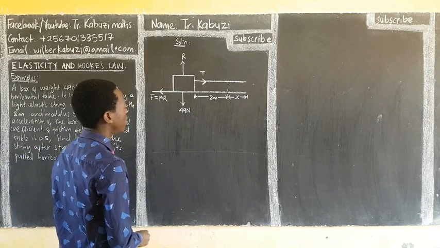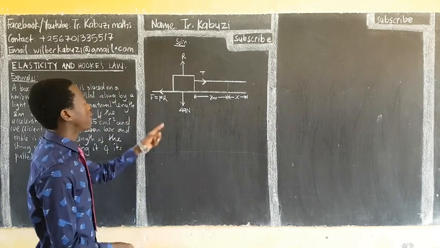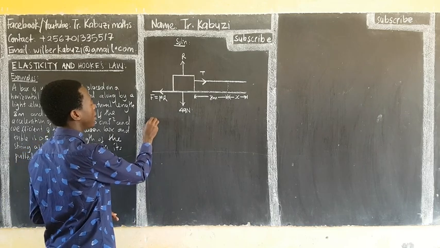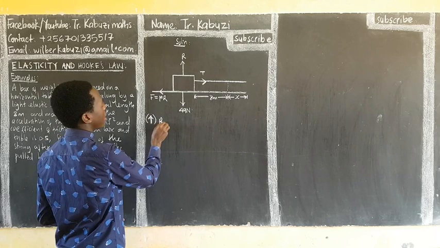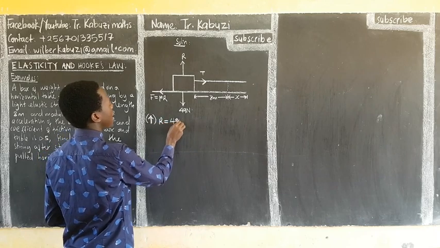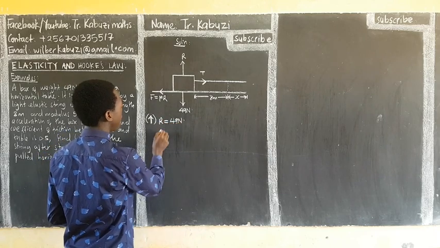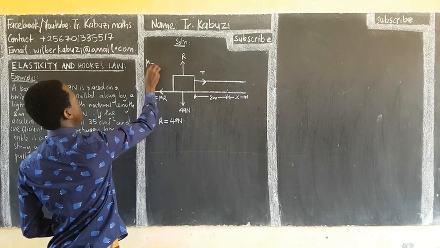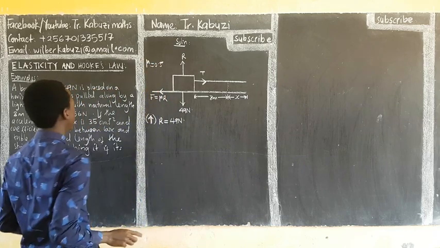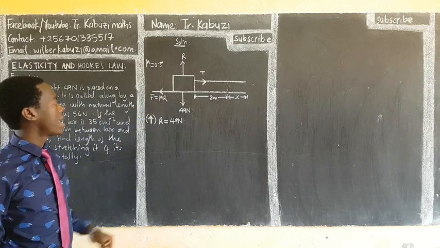Now, we are going to use Newton's second law of motion. First of all, we start with R, resolving vertically. Our R is going to be equal to 49 newtons. And now our force, remember they gave us mu as 0.5, the coefficient of friction between the table and the box.